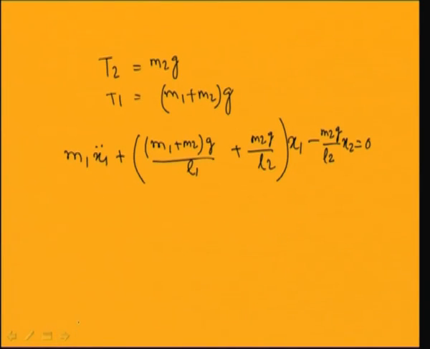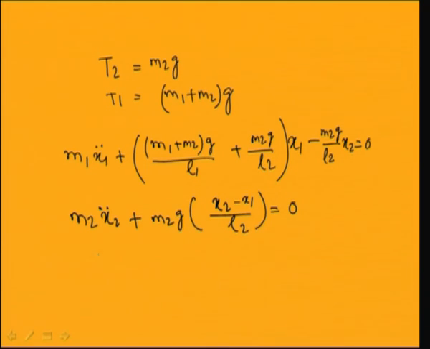So, for the second equation you can write m2 x2 double dot plus m2g (x2 minus x1) by L2 equal to 0. So, you can express these two equations in terms of matrix form also.